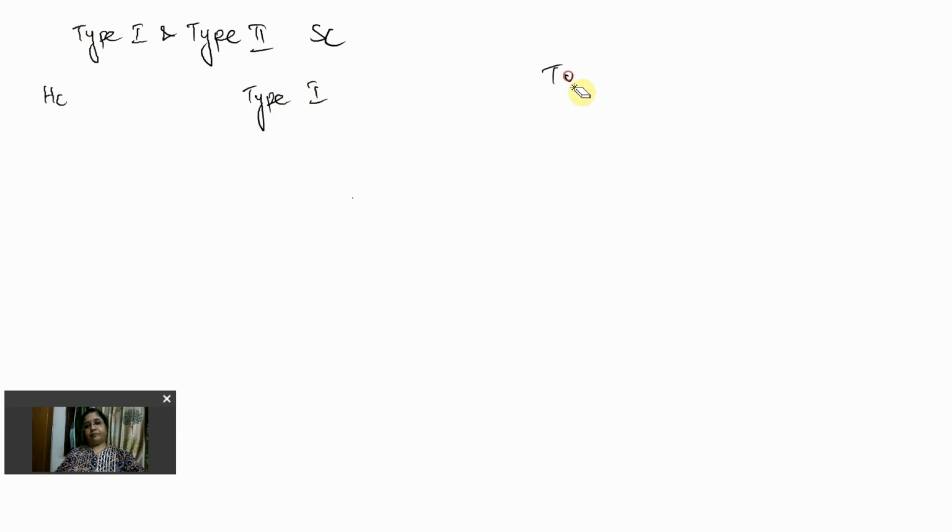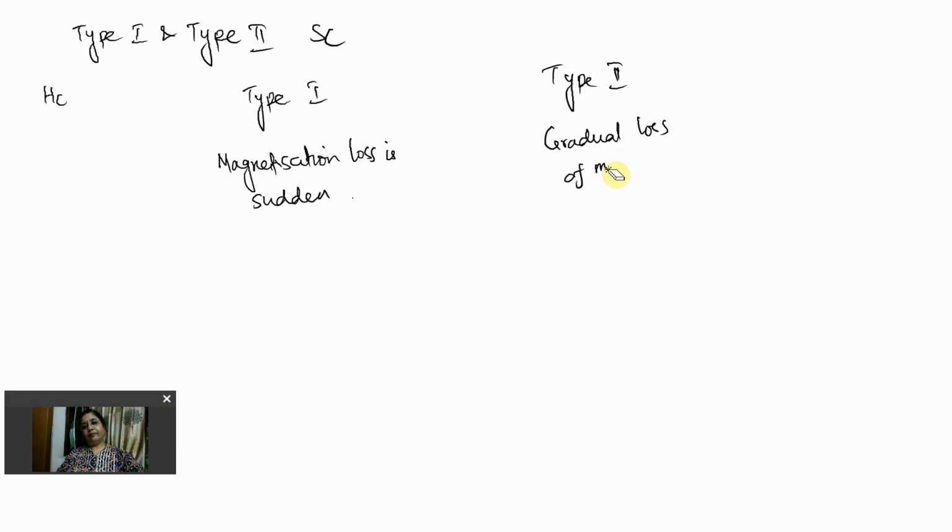Type 1, type 2. In type 1 superconductors, magnetization loss is sudden. Okay. So here, gradual loss of magnetization.